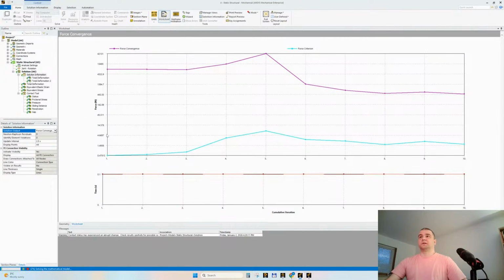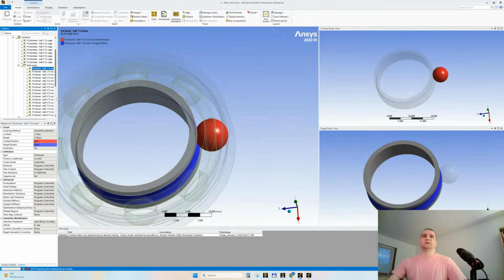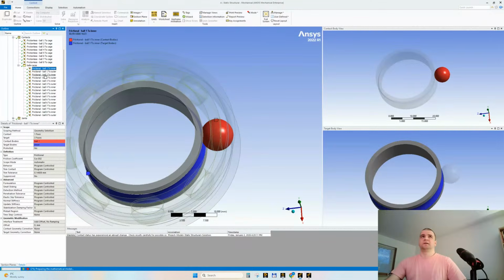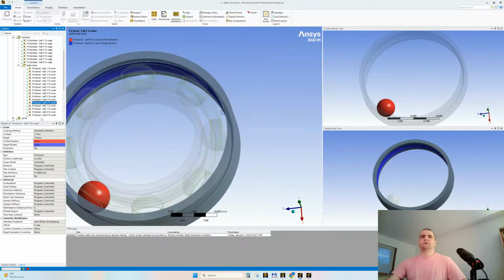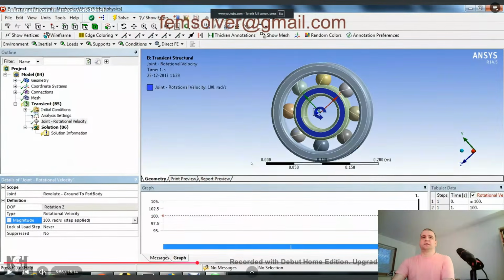These are the default contacts. As I predicted, I think we'll need to modify the contact properties, right? My opinion is that at this moment it's kind of a small friction coefficient. If we're doubling it, we will also have a nicer solving. Let's go back to our colleague here.